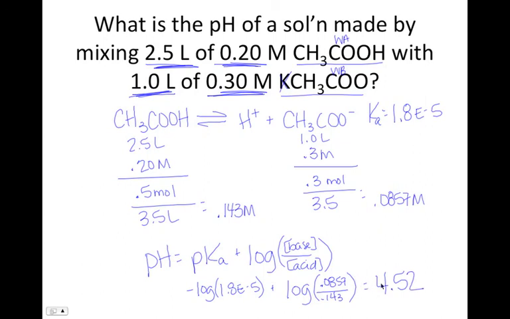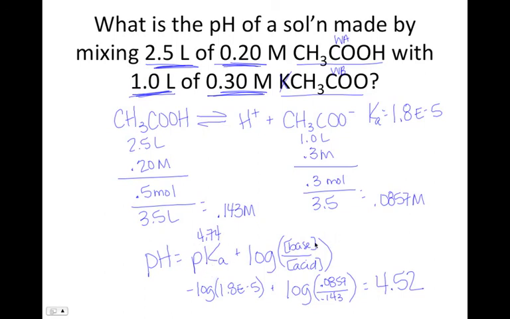Now, I forgot to tell you on the last one, but you know how there are always tricks to help you know that you're on the right track with the numbers? Does this number make sense? Well, the pKa of acetic acid is 4.74. If the acid and base concentrations were equal, then the ratio would be 1, the log would work down to 0, and pH would equal pKa, 4.74.